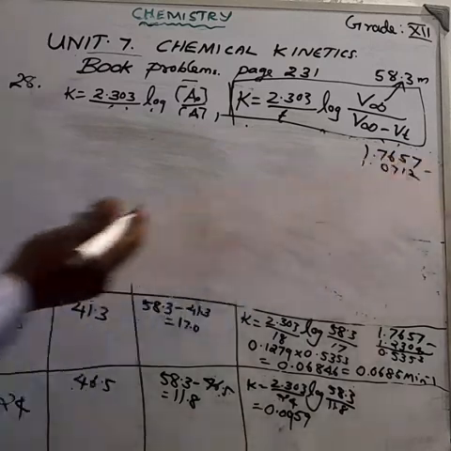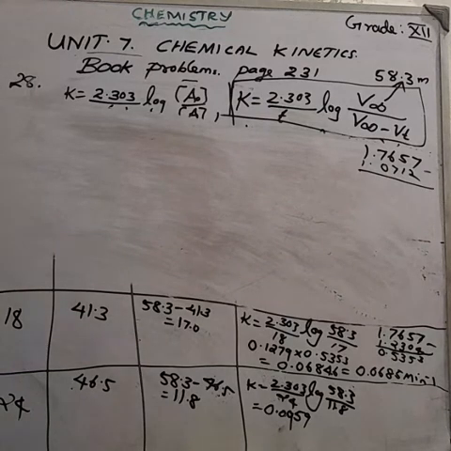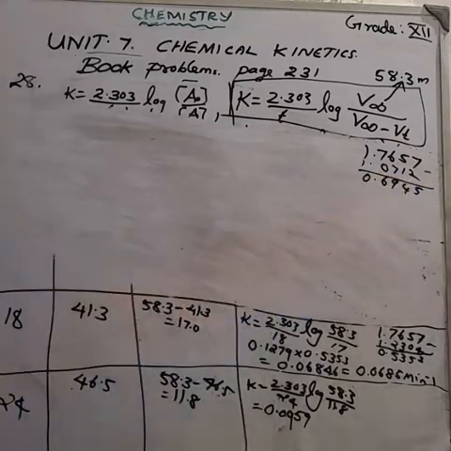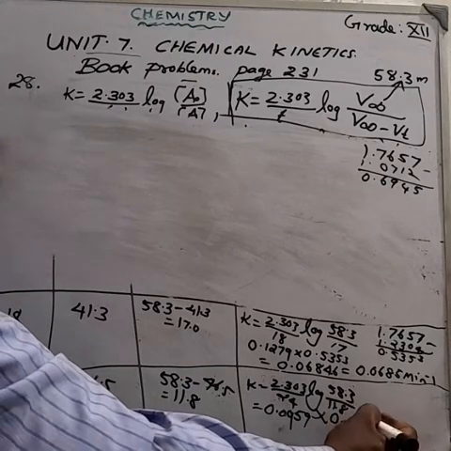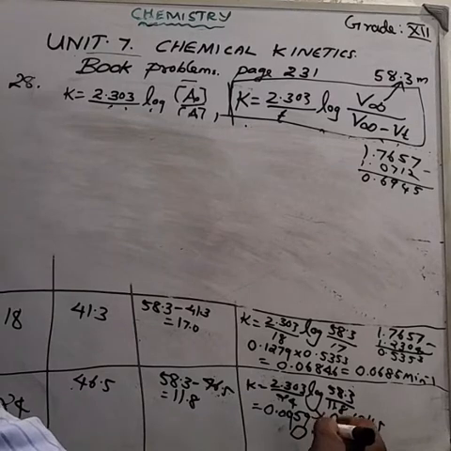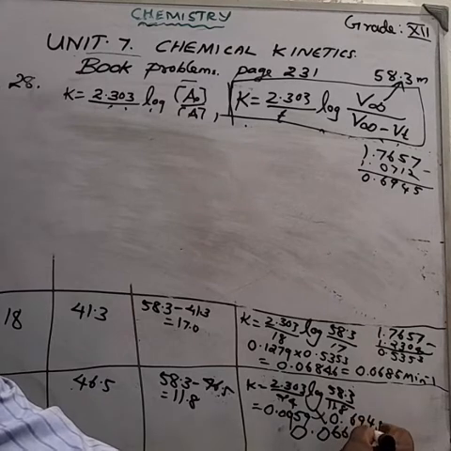Subtracting these two values, 1.7657 minus 1.0712, we get 0.6945. Multiplying 0.0959 into 0.6945, I get approximately 0.066025.